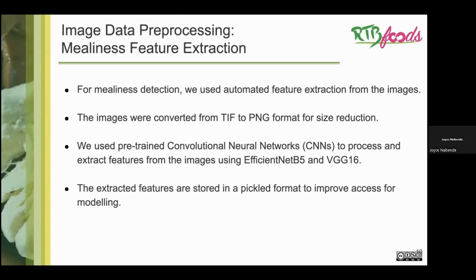And we've used several CNN architectures like EfficientNet V5 and VGG16. These extracted features are then stored in a format that improves access for the different kinds of modeling, because we want to understand which different aspects contribute to milliness of the image samples that we have.